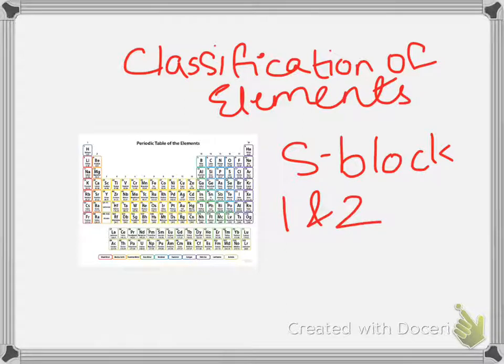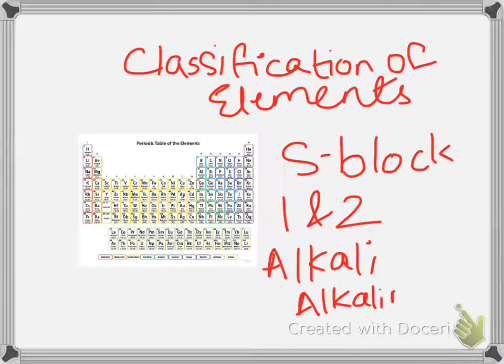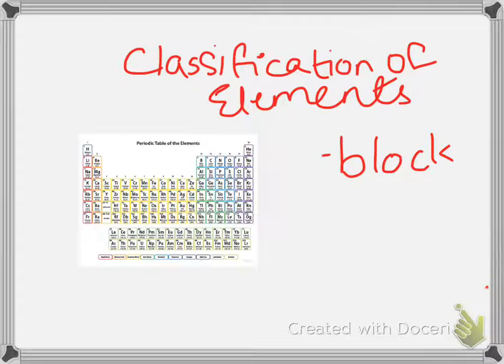Group 1 is known as the alkali metals and the second is known as the alkaline earth metals. The first one is alkali metals.